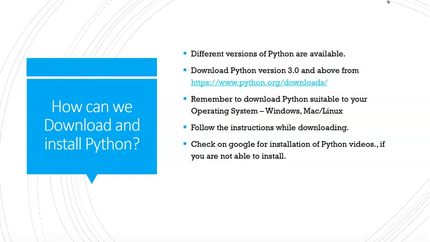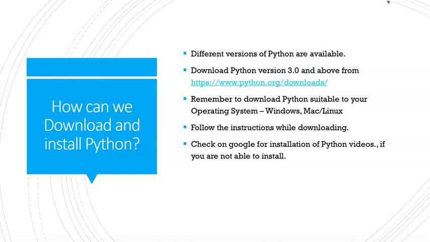So download a Python version which is 3.0 or 3.x, etc. And that can be downloaded from the URL address which is given there. You can see www.python.org/downloads/.